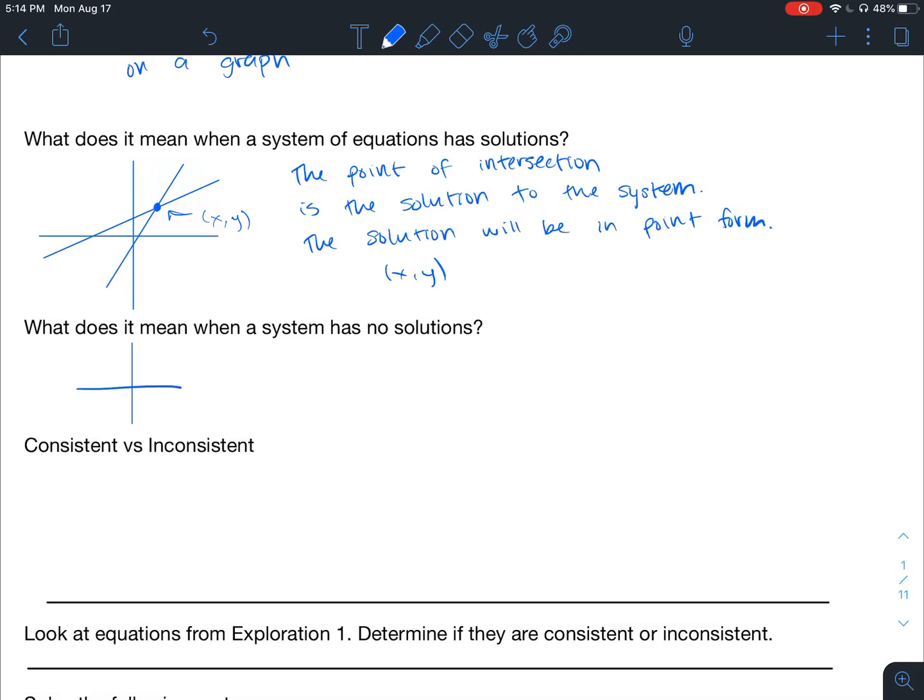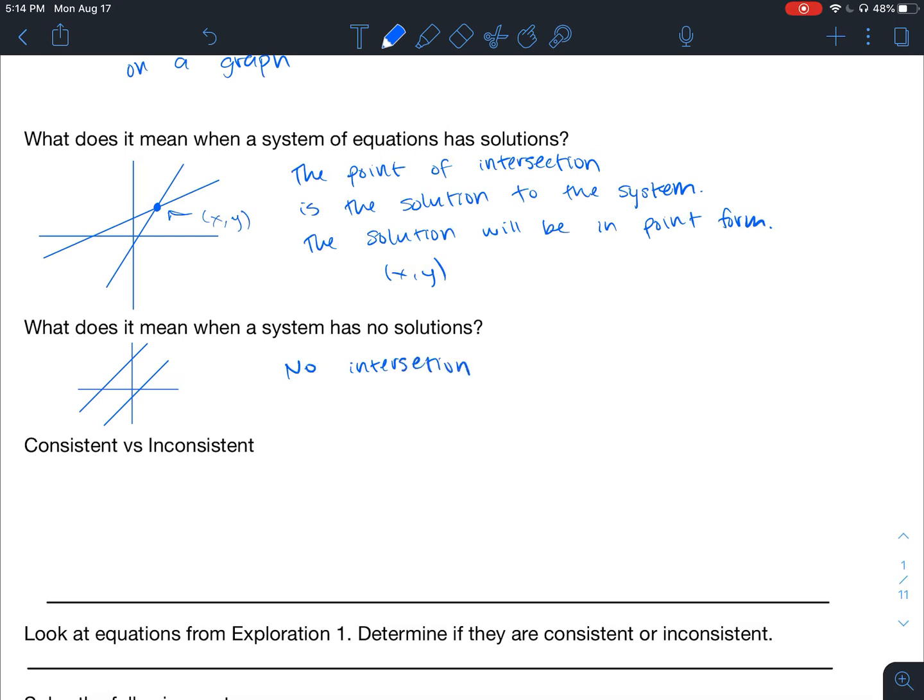So again, to visualize what that would look like, it would be having two lines like that. You can see that they have the same slope, so they will never intersect. So that is what it means whenever there is no solution: no intersection between the two lines.